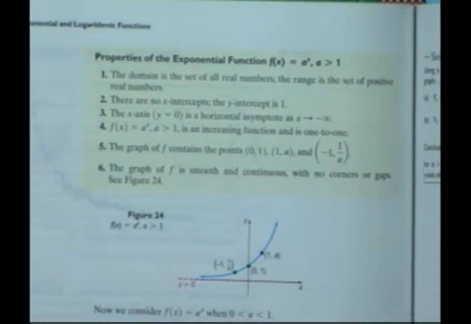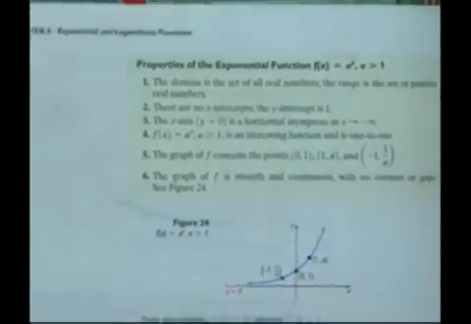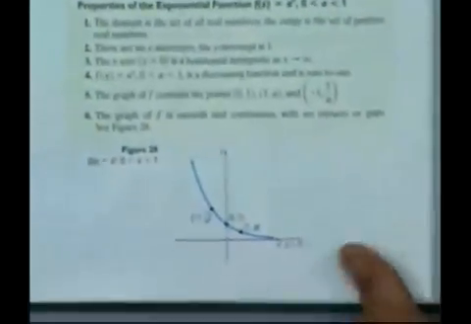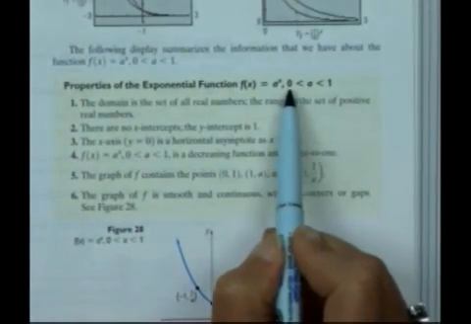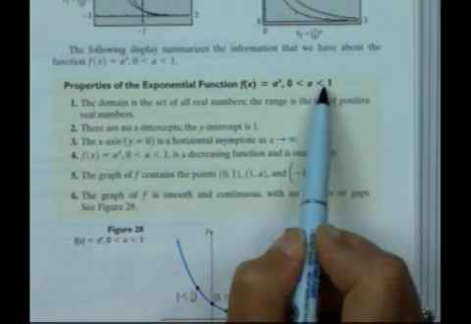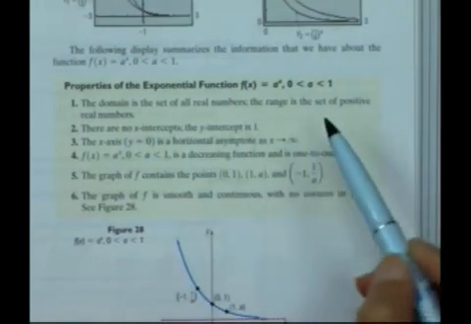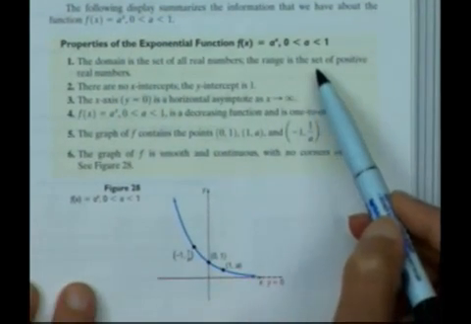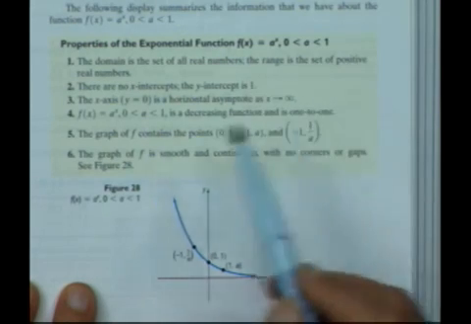And the example we just now looked at is on page 425, at the bottom. This is when your a was between 0 and 1. You still had the domain all real numbers. Your range is all values greater than 0, positive numbers.